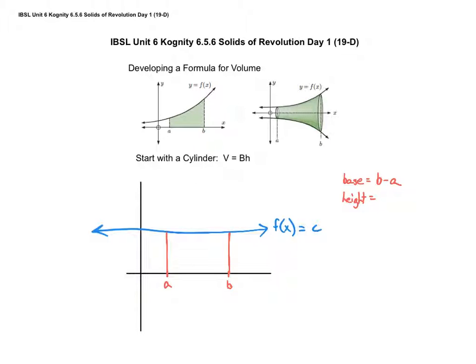C. So the area of the rectangle is c times b minus a. Now what's another way I could express the area of that rectangle? As an integral. Or I would have the integral from a to b of that constant function.